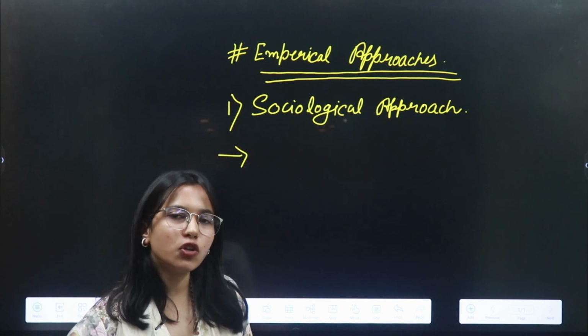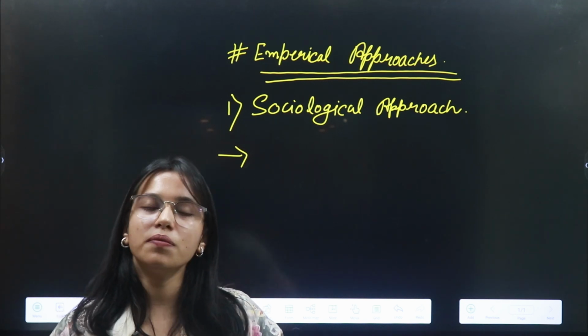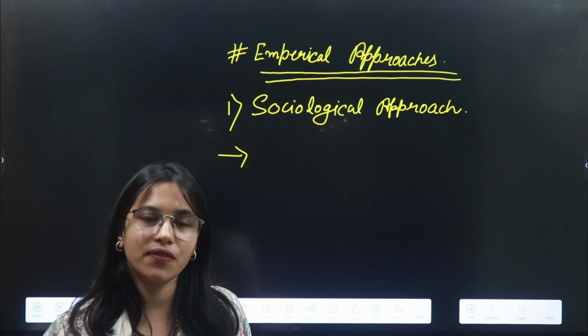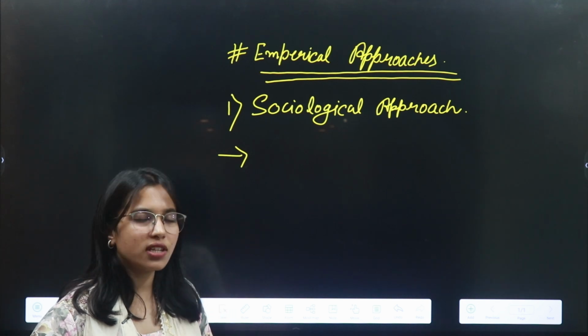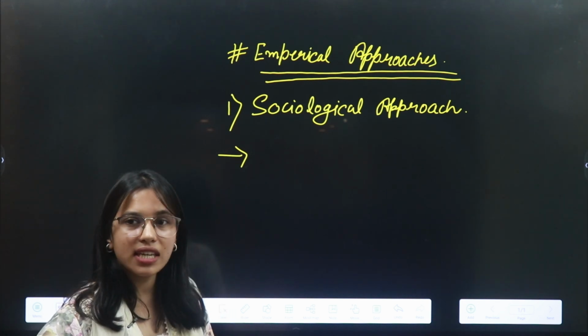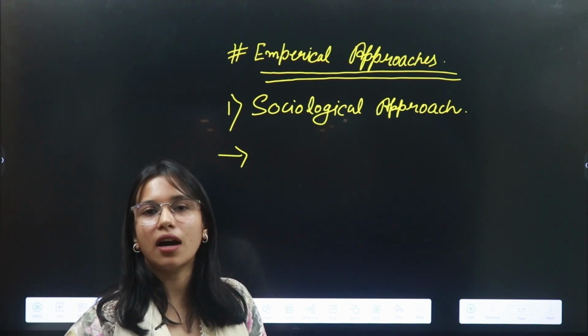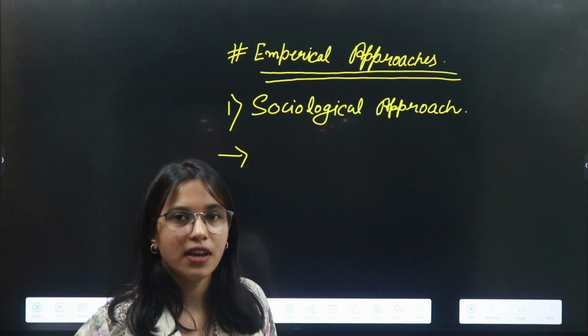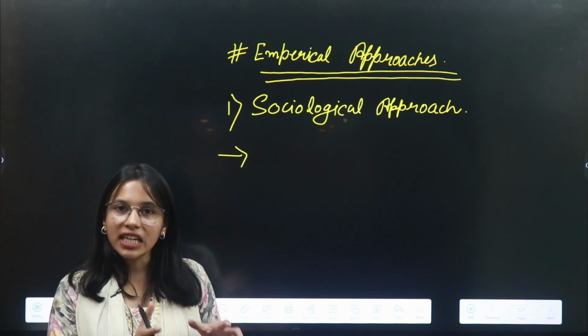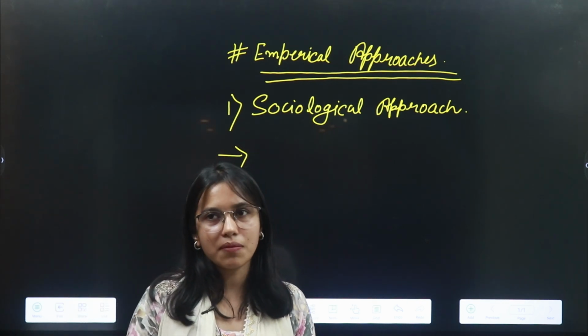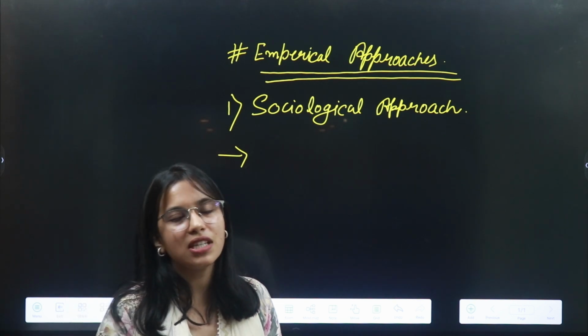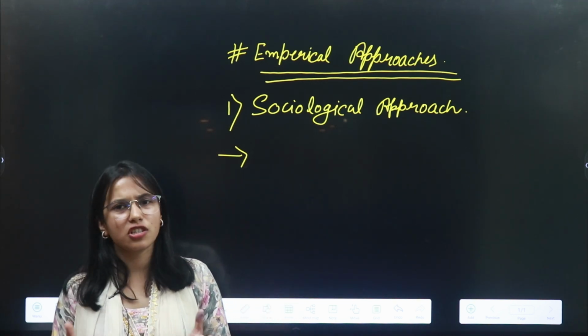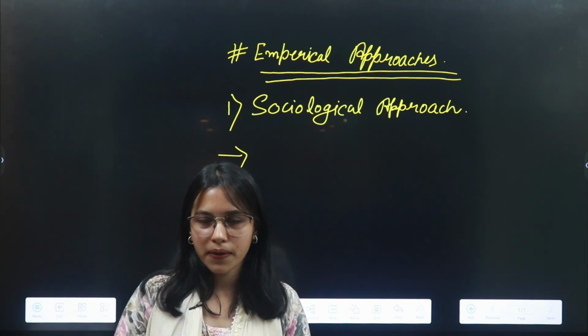So whenever we start studying the social institutions that actually affect the political institutions, we come to a different kind of conclusion. We come to a scientific conclusion. Scientific means logical, not just based on emotions and values, right?